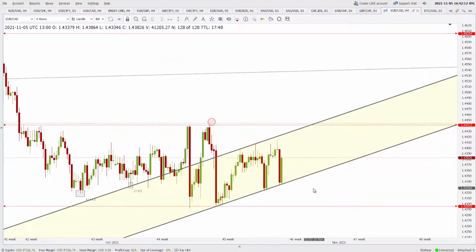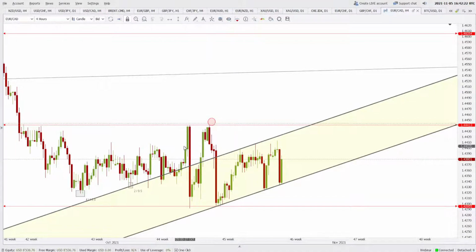So you have to understand the psychology of the market participants. Somebody is trying to open huge positions at these levels. So you have to understand the psychology behind the market.